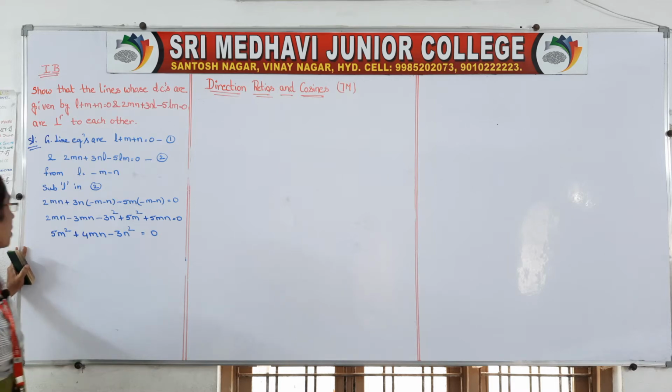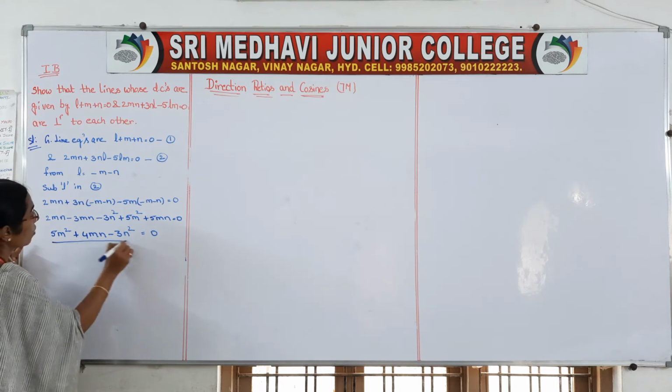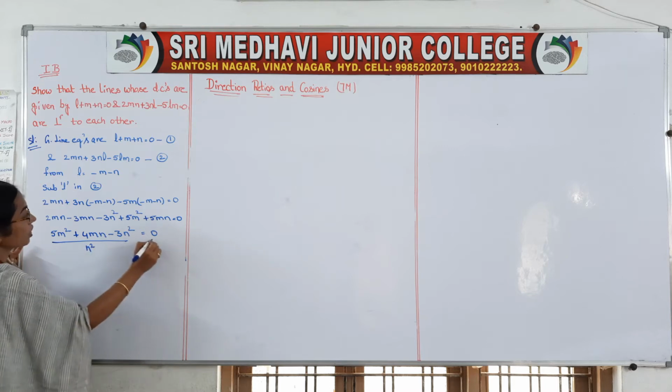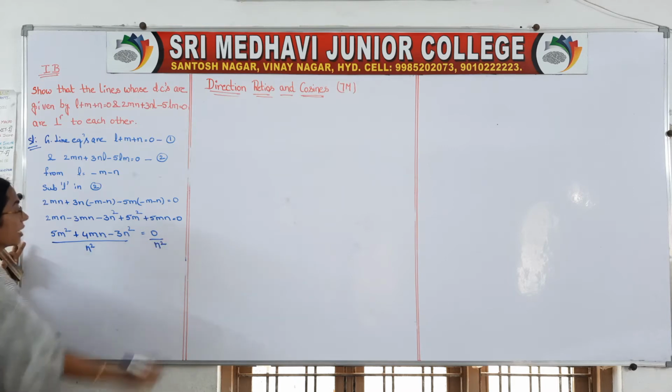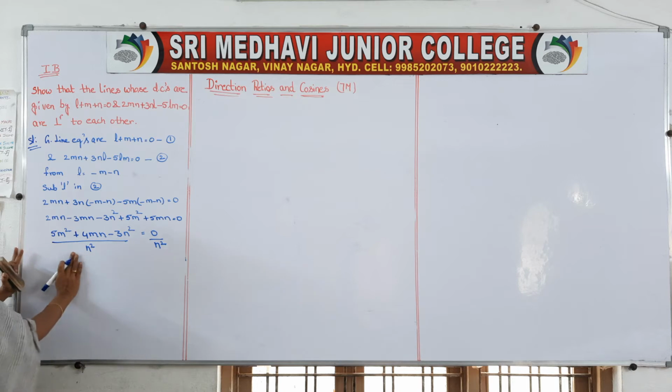So factors are possible? 5 into minus 3, minus 15. And we have to select two numbers whose product should be minus 15 and whose sum should be 4. Not possible. So that's why here we are dividing this equation on both sides with n square and writing separately.